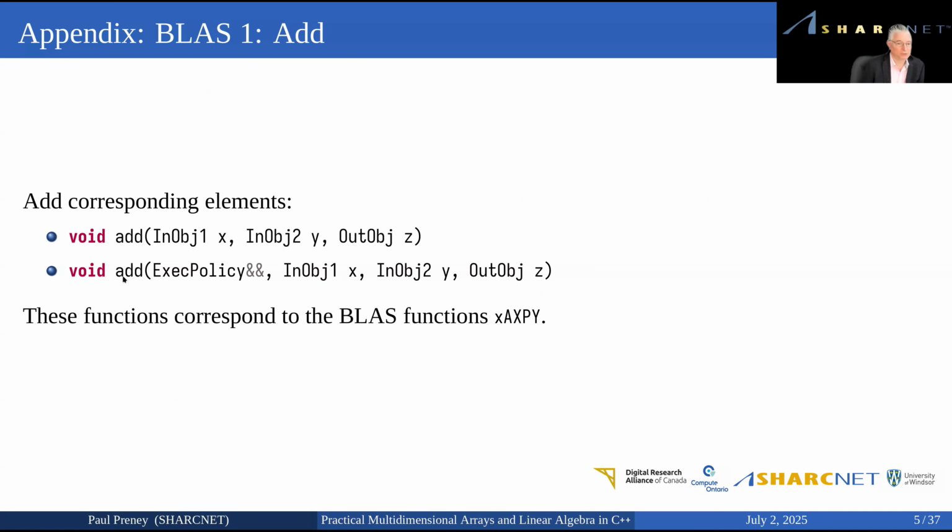So if you call linalg::add, and then you pass in your input object, and these two input objects, okay, there'll be one dimension, and then your output object, where you want the data to be written to, also needs to be one dimension, then it'll do SAXPY for you. And if you pass in an execution policy, it'll do that for you.